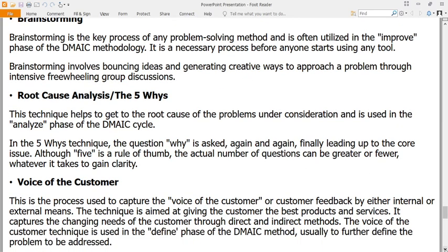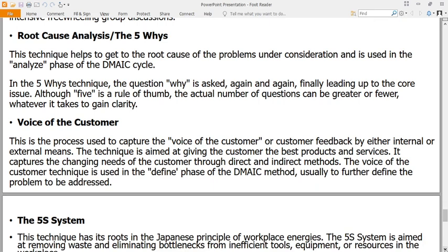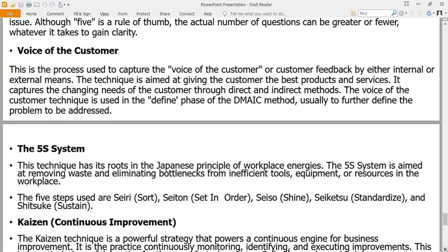Then the voice of the customer. Remember, we are targeting or we are producing to sell to the customer. So it is always important to consider the voice of the customer in terms of customer feedback. You should be able to put up a system where you get feedback from your customers. Then we have the 5S.